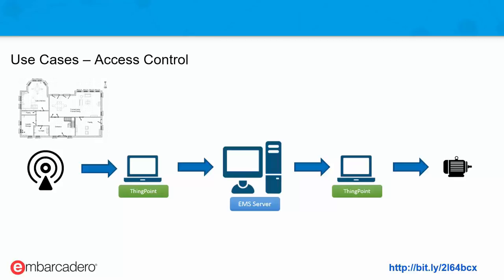So with beacon fencing, you can track a beacon to within, I think it's an inch of accuracy indoors. It's kind of like GPS for indoors, where GPS doesn't work too well. Beacons work very, very well down to the inch of accuracy. So you could track a beacon traveling around an office or a factory zone, for example, and make decisions by feeding that data through a thing point to a central EMS server about whether or not access should be granted.